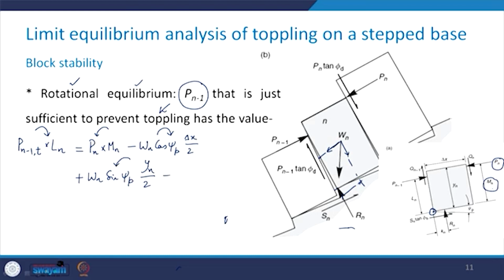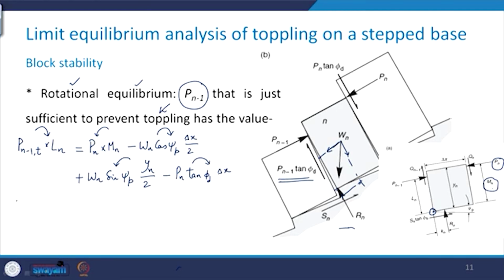Then the last component is Pn tan of phi d, so that would be Pn tan phi d multiplied by delta x. What about Pn minus 1 tan phi d? Because it is passing through this point, it will not have any rotational moment there.